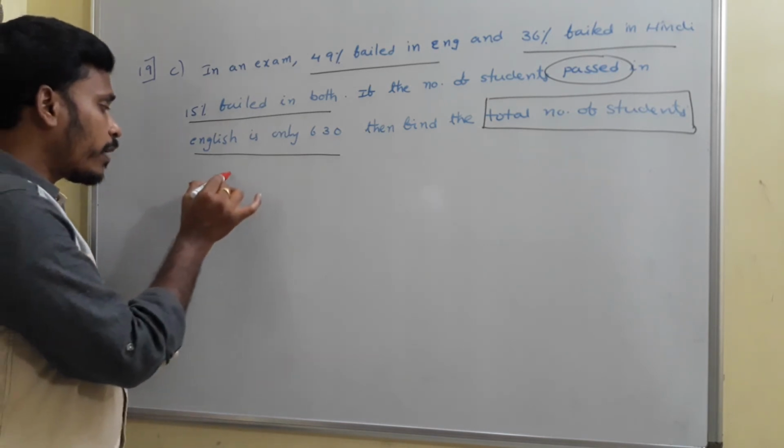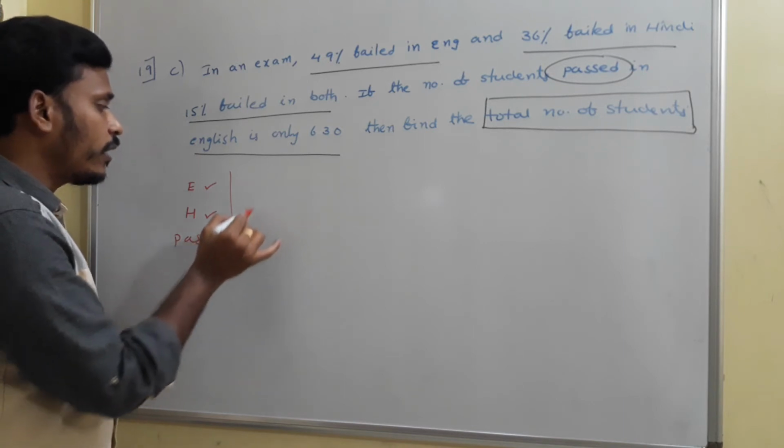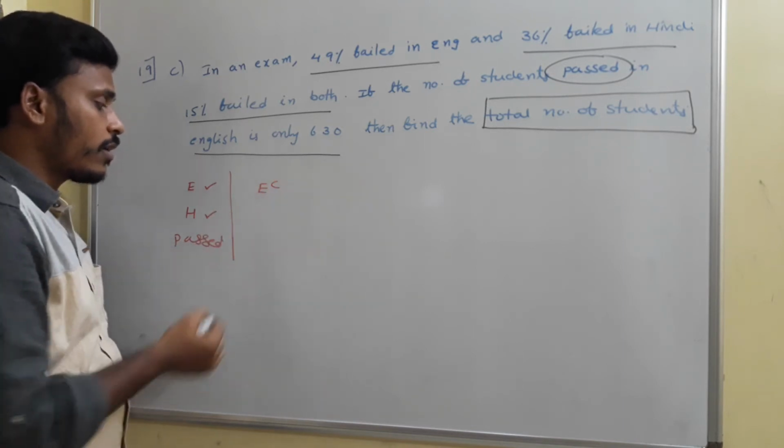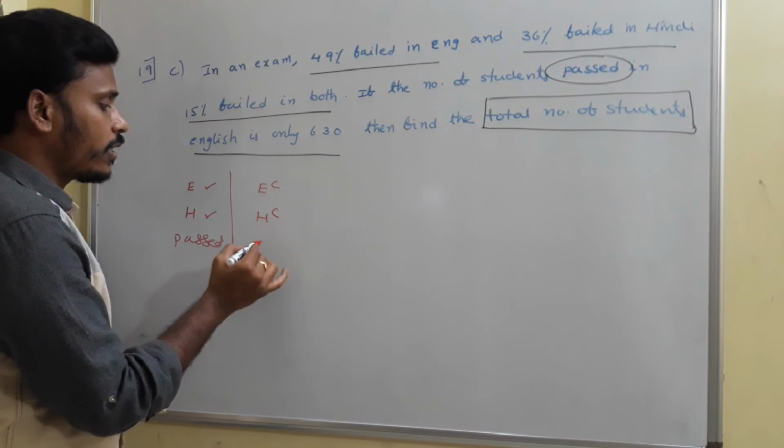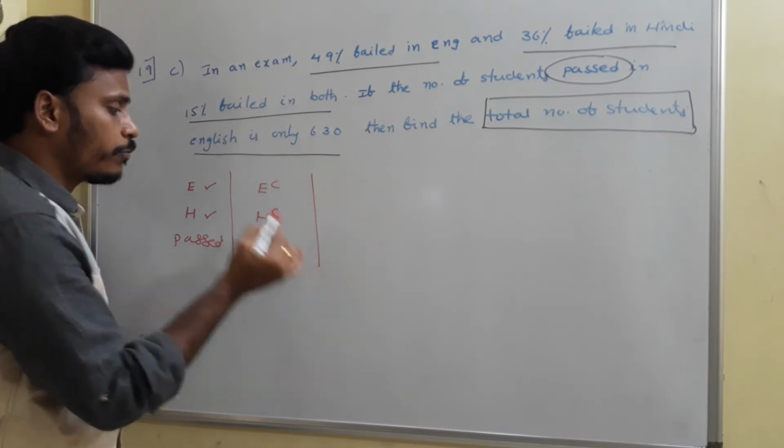Since E is the persons who passed in English, then automatically E complement, as well as H complement, represents the number of persons who failed in those particular subjects.